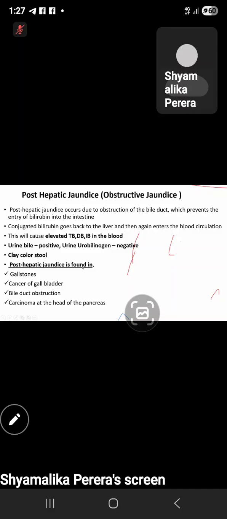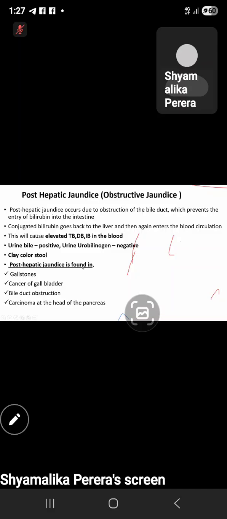At that time, you can observe rupture of the biliary canaliculi, and these bile substances come directly into your blood. So you can observe elevated levels of total bilirubin, direct and indirect bilirubin, in your blood. You get bile positive and urobilinogen negative, because there won't be passing of bile through your gut.